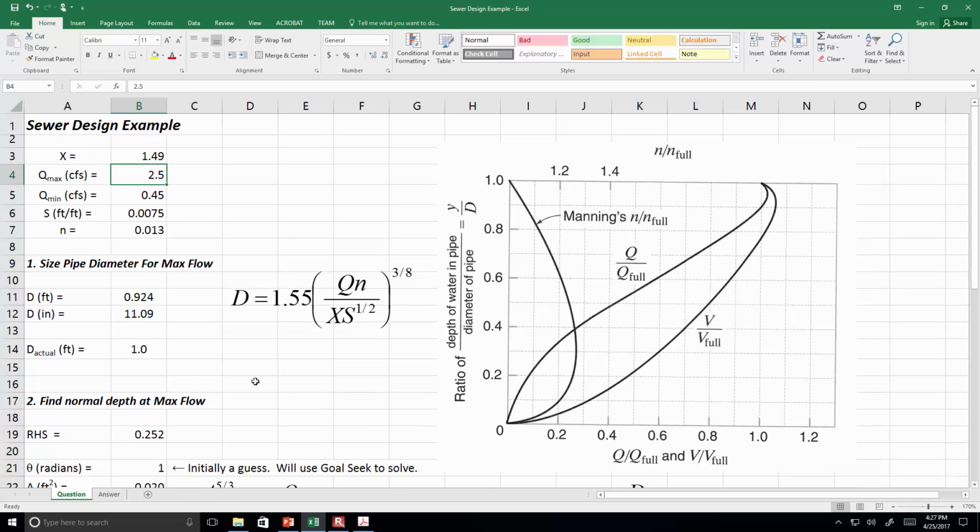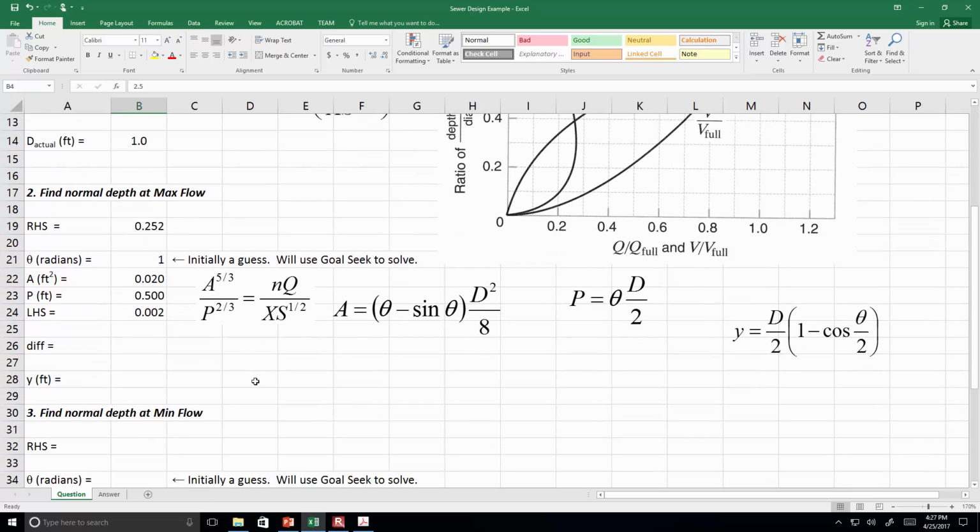So the left-hand side and the right-hand side right now don't match. The difference between them is just one minus the other. You can probably guess why we're calculating the difference, because we want the difference to go down to 0. So we're going to keep changing the angle in radians until the difference is equal to 0. Do that with goal seek.